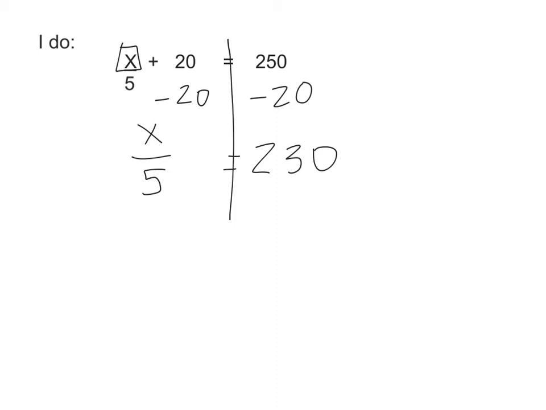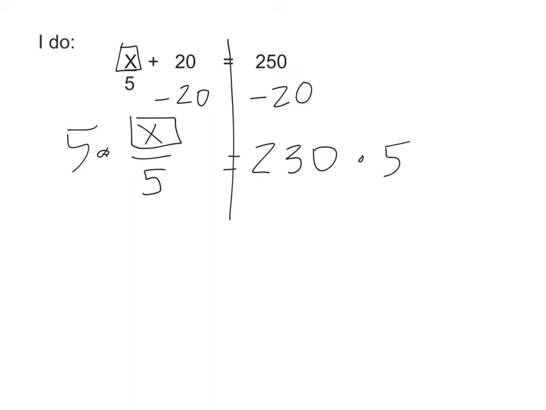All right, I'm going to box my variable again, and this is a one-step equation. My variable is being divided by 5. What is the inverse of dividing by 5? It would be multiplying by 5. So I'm going to multiply both sides by 5.